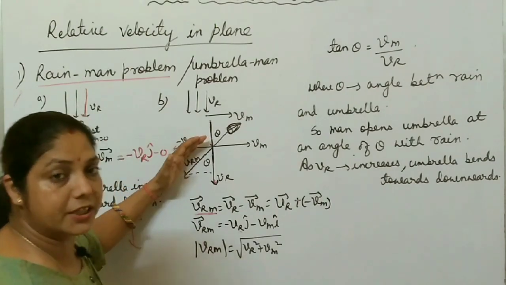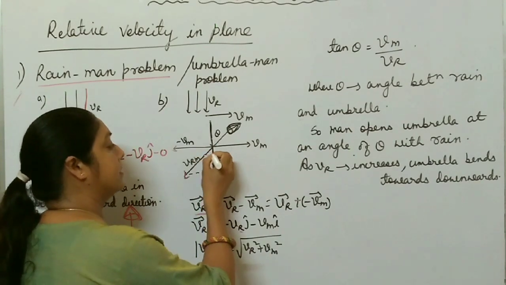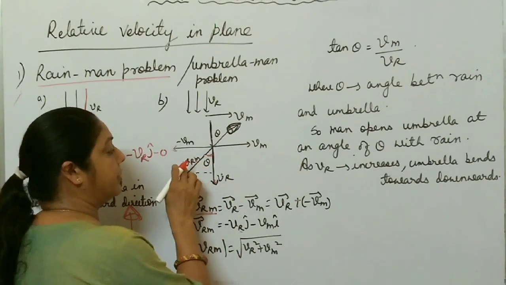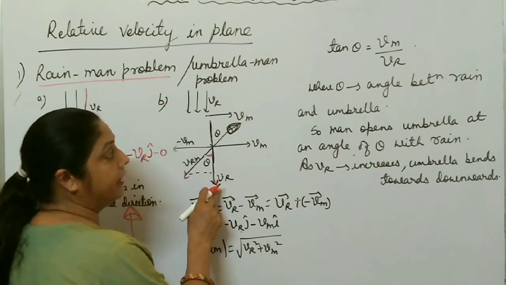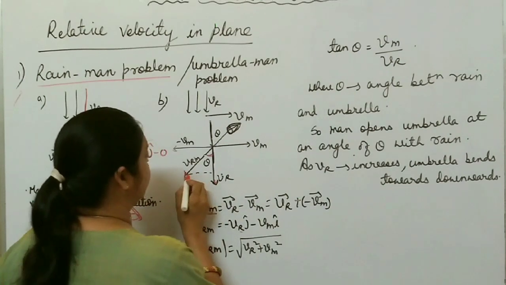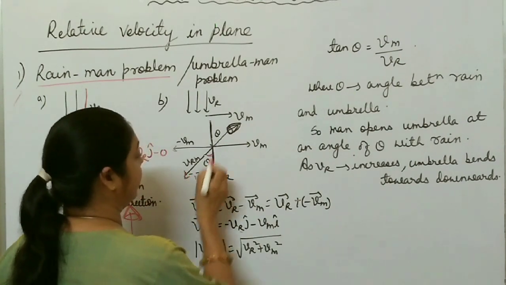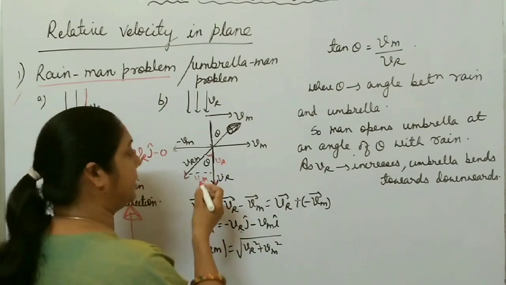Now in which direction does the man open the umbrella? So let us suppose that this relative velocity of rain with respect to man makes angle theta with this. So here tan theta becomes what? This is suppose Vm and this one is VR. So tan theta becomes Vm by VR.